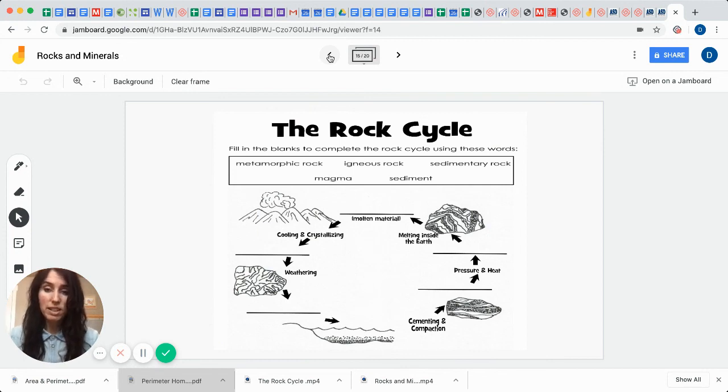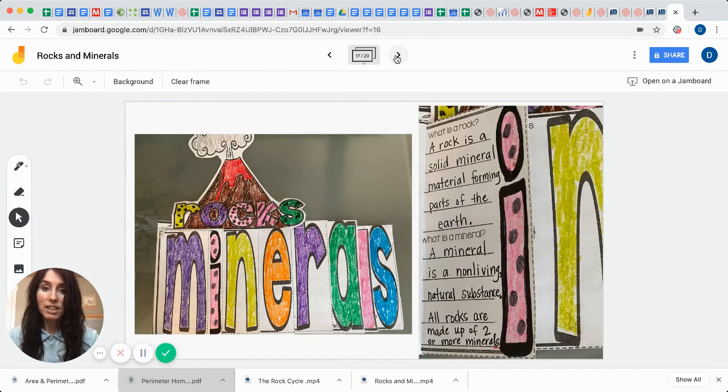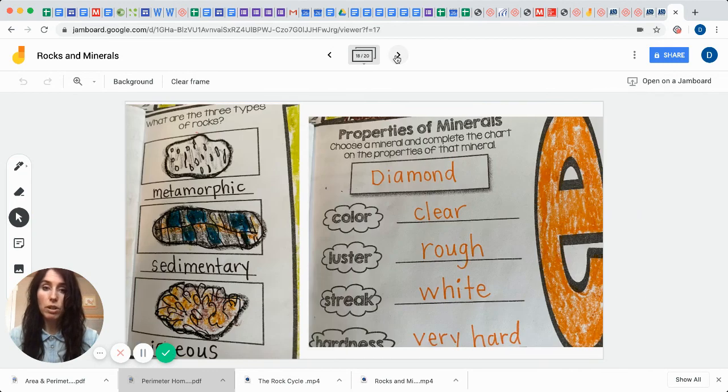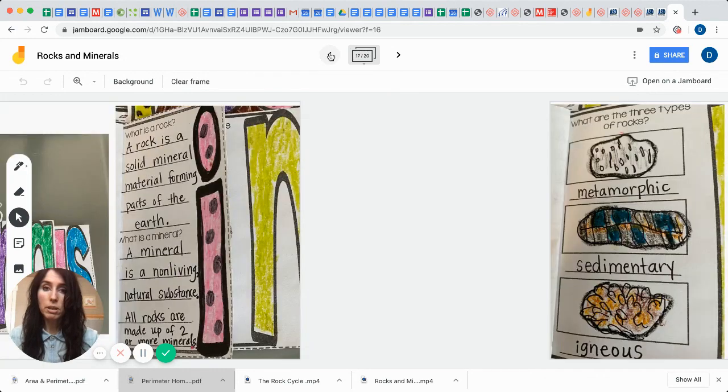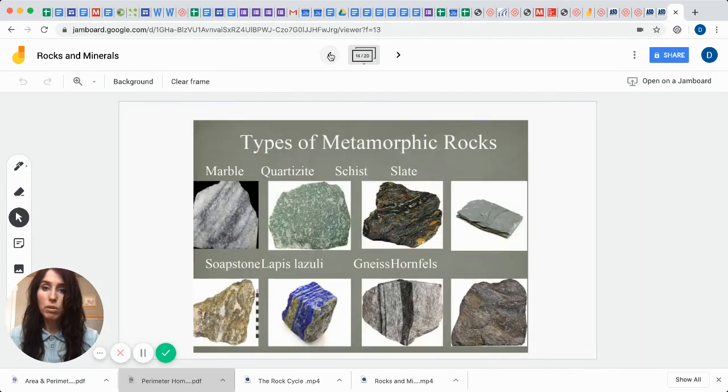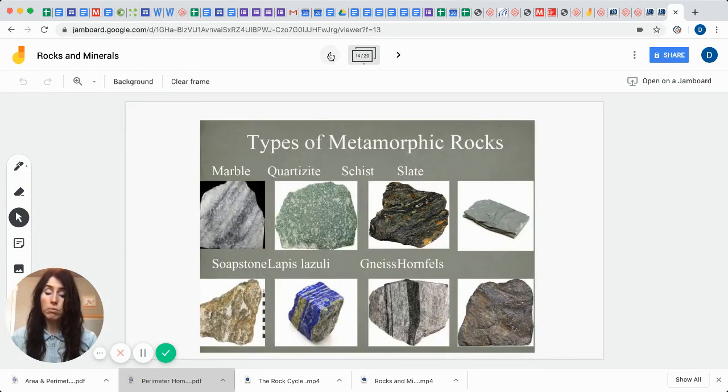I hope that this is going to be a lot of fun as you're learning about rocks and minerals, and as you're taking your knowledge and applying it to your everyday life. You can go outside and go on a hunt and try to find these kinds of rocks. You can take the rocks that you find just laying on the road, or you can go on a hike somewhere and start to be like a geologist.